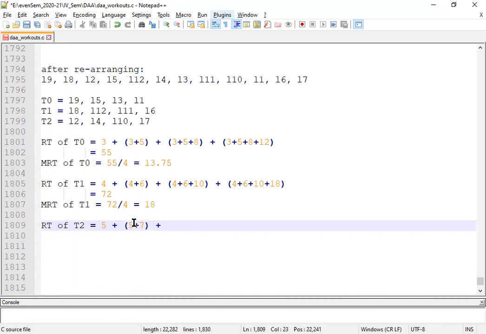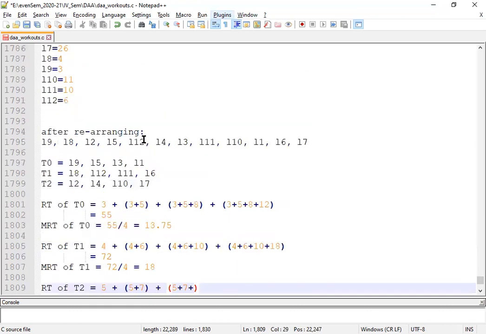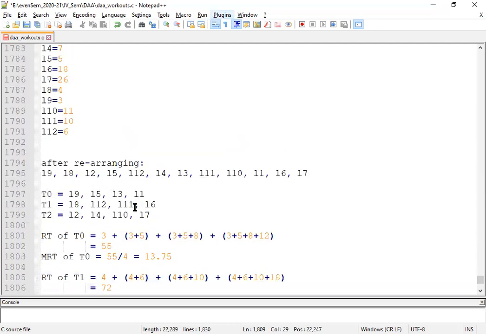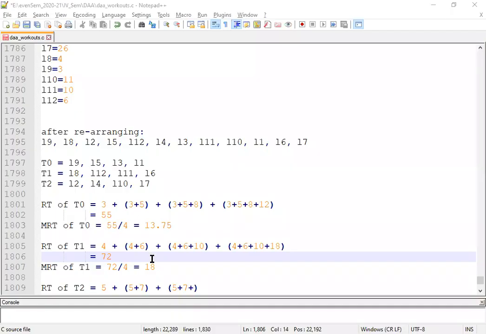Next one, let me write the 5 plus 7, and then L11. Here the L11 is 10.